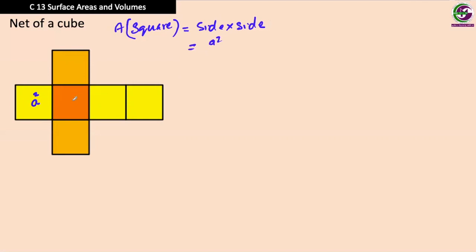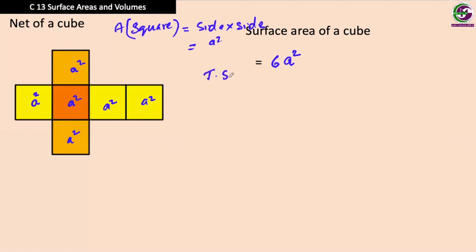So this is a square, again a square, all the sides will be the same. That's why we call it a cube, like a dice. So we have 6 squares, so total surface area will be a square plus a square plus a square, which will be 6a square. That is total surface area, or we simply write it: total surface area of a cube is equal to 6a square.